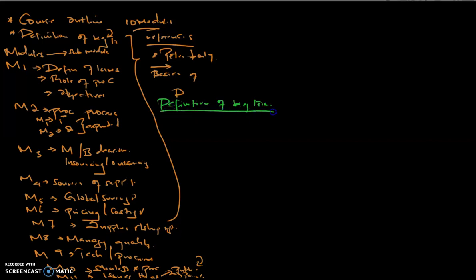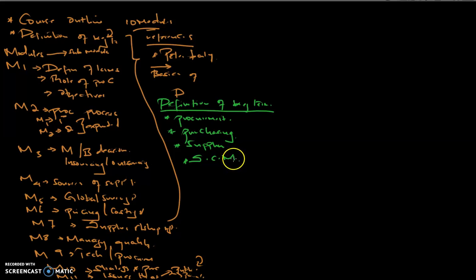In this section, I'll be talking about the following terms. The first one is procurement as a terminology. The second one is purchasing as a terminology. You have the third one, supplies management as a term. Then you have supply chain management.